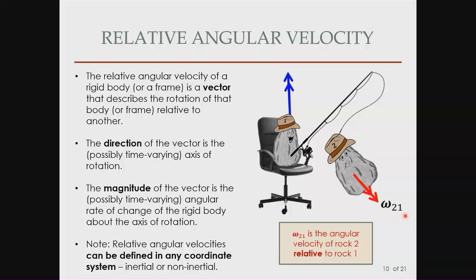So you need to think of body 1, even though it is rotating itself, as if it is not rotating, and what happens relative to its own motion. We'll see an example.